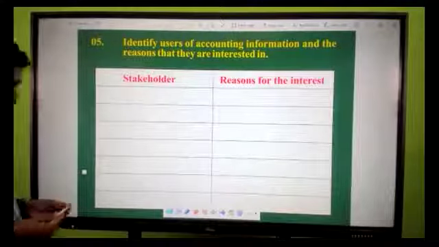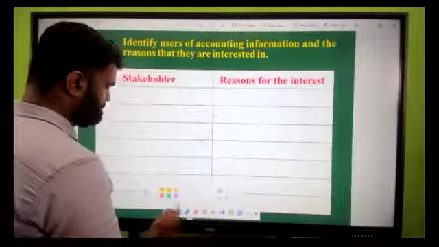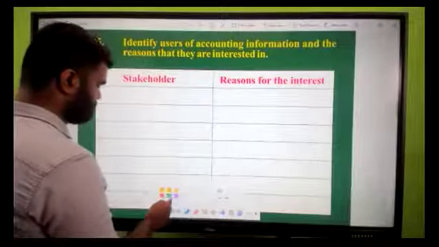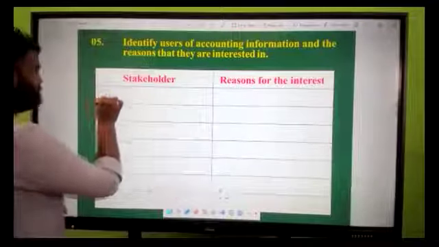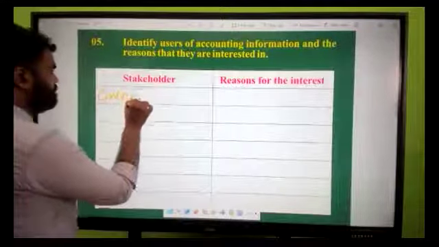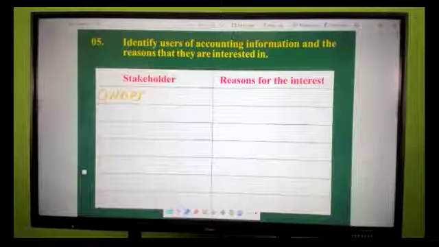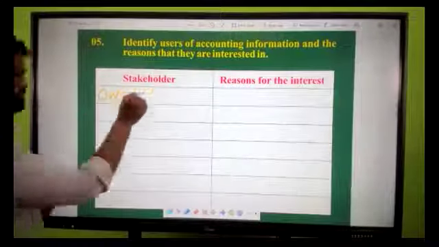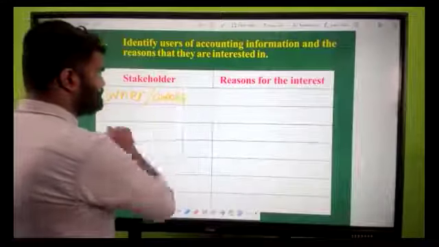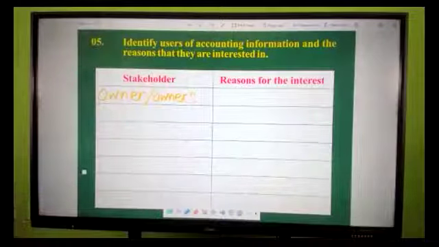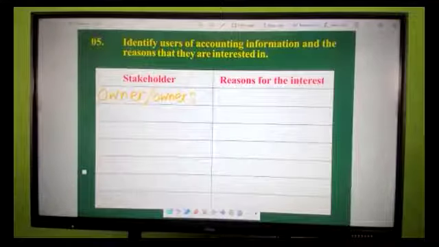Okay, so let's write some parties and reasons for the interests. Let's write faster. Number 1, owners. Owner or owners. If it's a sole proprietorship, its stakeholder is the owner.